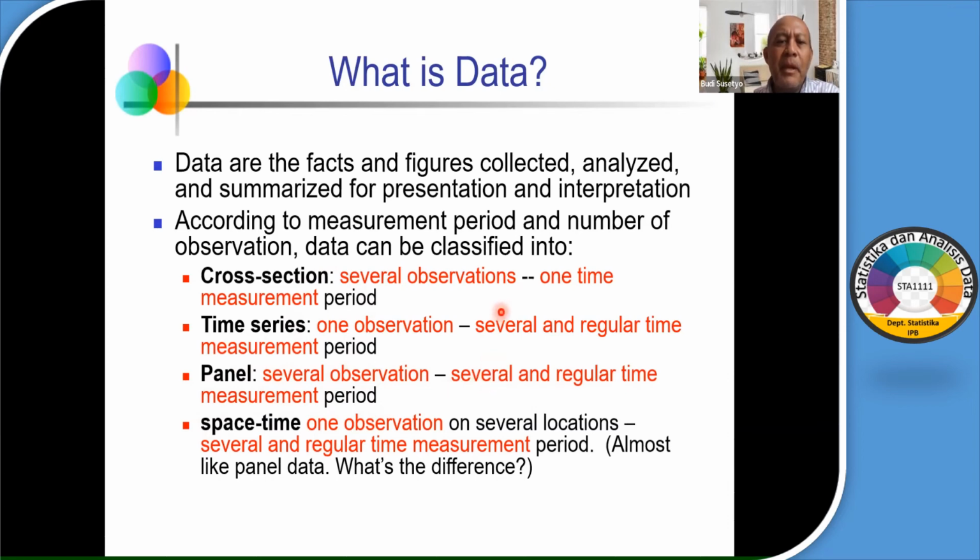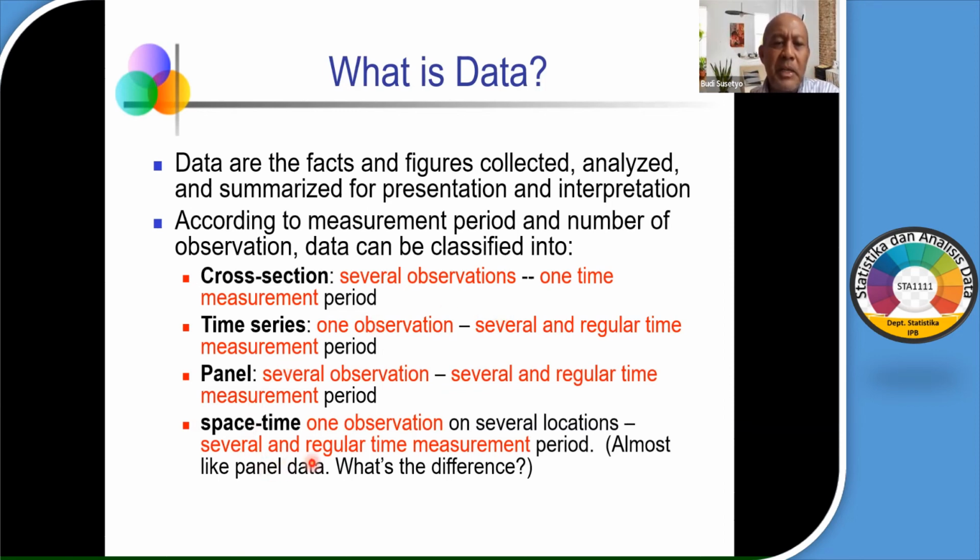That means you, this class, all of you, for example, 14 students, I collect your weight, and then there are 14 data in rows, and then I collect every month. For example, in 2 years, that means I have 24 columns. So we call the structure of the data panel data.